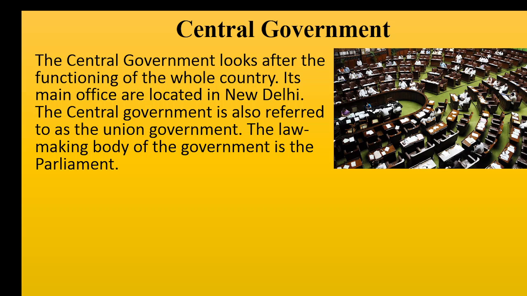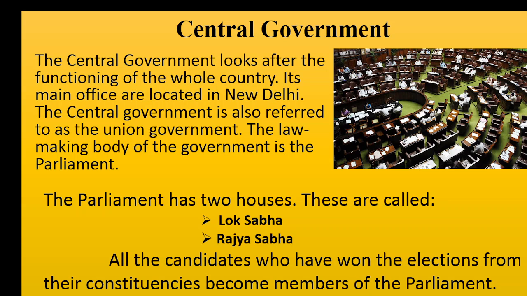Now we are going to learn a few points about the Parliament. The Parliament has two houses. These are called Lok Sabha and Rajya Sabha. All the candidates who have won the election from their constituency become Members of Parliament, that is, MPs.